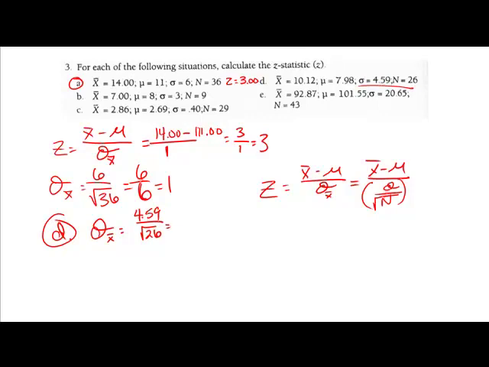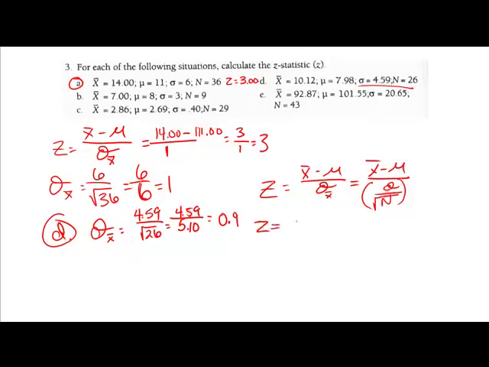The square root of 26 is 5.099, so I'm going to call that 5.10. 4.59 divided by 5.10 equals 0.9. So now back to our z.